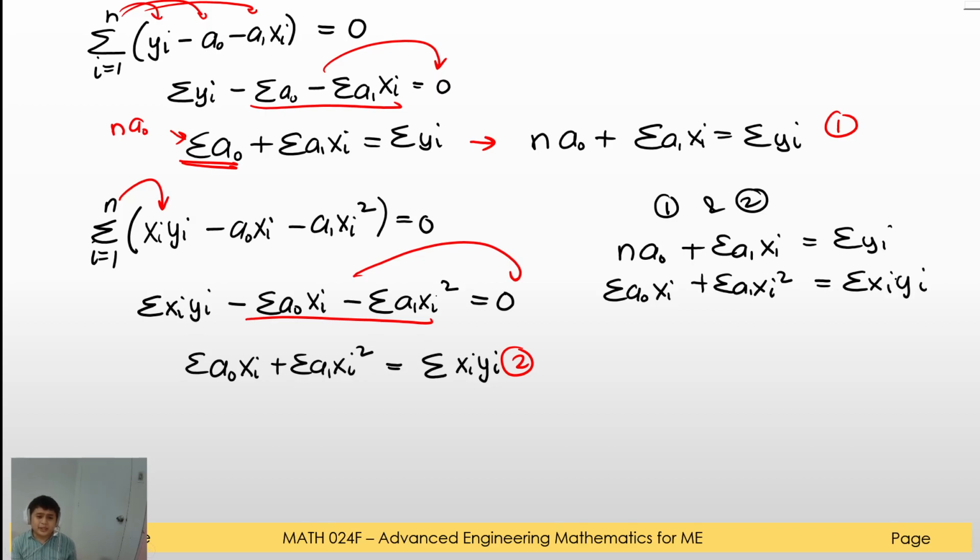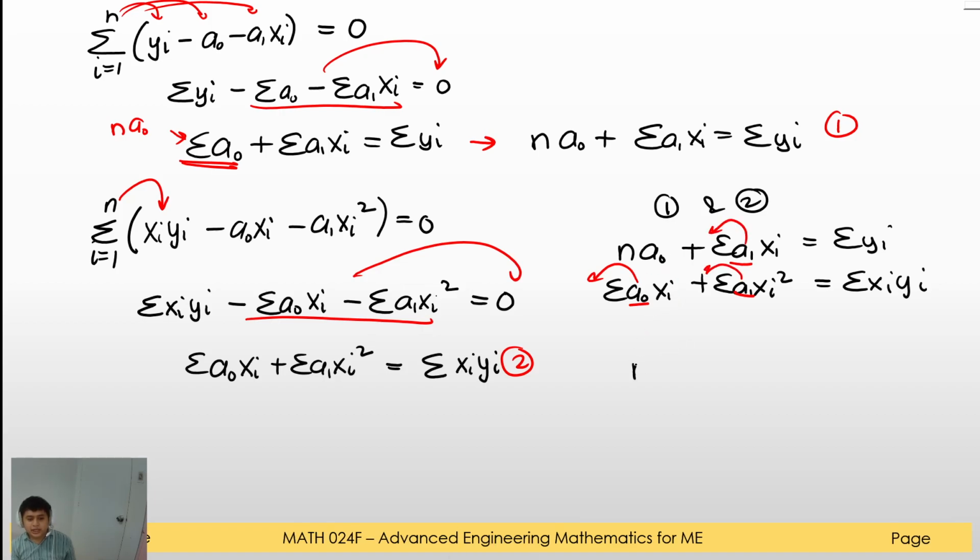As we can see, what we are trying to solve here is a1 and a naught. A property of summations, or series in general, is that we can factor out the constant. Actually, this is a constant in this context.